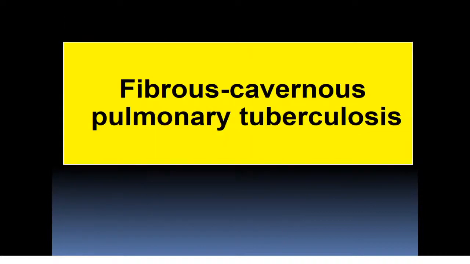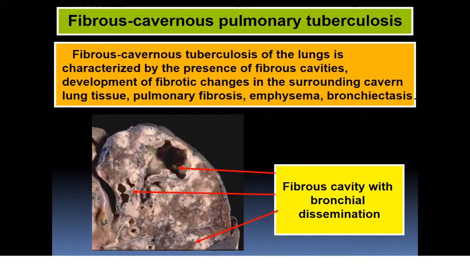Next form of tuberculosis. These are destructive forms of tuberculosis, cavernous and fibrous cavernous TB. Fibrous cavernous tuberculosis of the lungs is characterized by the presence of fibrous cavities, development of fibrotic changes in the surrounding lung tissue, pulmonary fibrosis, emphysema, and bronchiectasis.